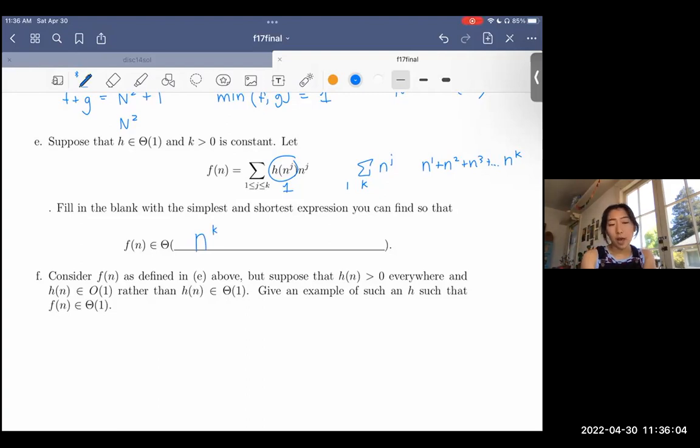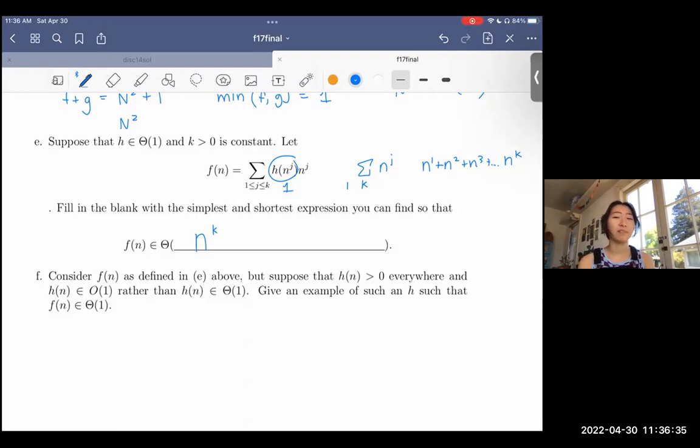And part f builds off of e, which says consider the function f as defined in the question above. But now suppose that h of n is greater than 0, but it's upper bounded by 1 rather than theta bounded by 1. So in other words, we're saying that 1 is an upper bound, but not necessarily a lower bound, or we could have better than constant in this theoretical world, right?